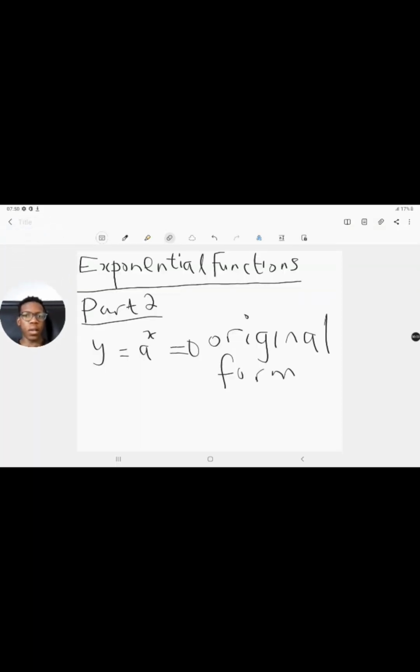Okay, welcome back to our video lesson on exponential functions. This is the second part of our lesson on exponential functions, and in this part I want to focus on a couple of things that have to do with the exponential function.